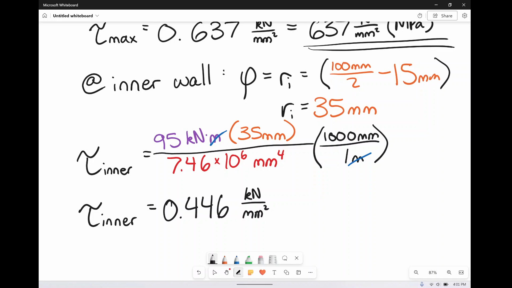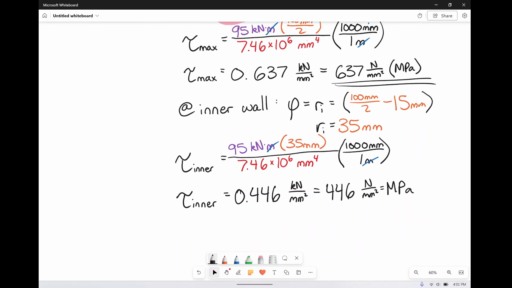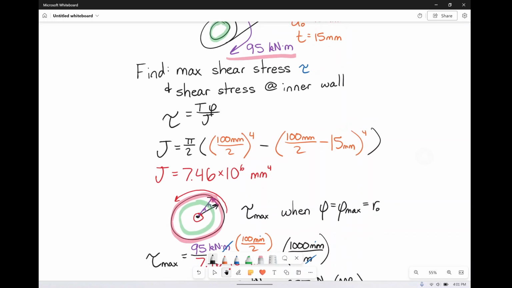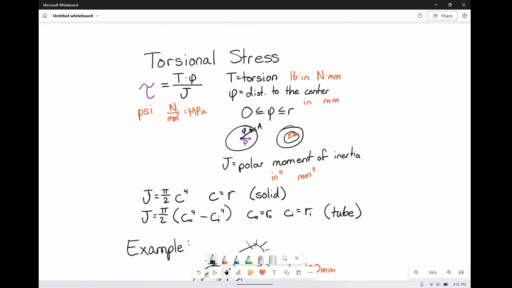However, it's kind of awkward to talk about that. Might as well just change it to 446 newtons per millimeter squared, which is a megapascal. So it's really not complex. This torsional stress, again, it's just kind of weird that we talk about it as a shear, because it technically is a shear, but it's actually a pretty simplistic equation.